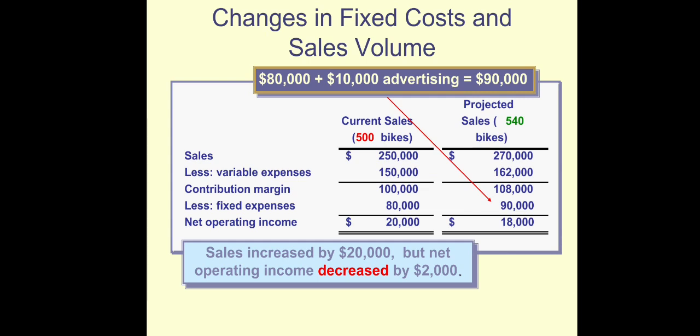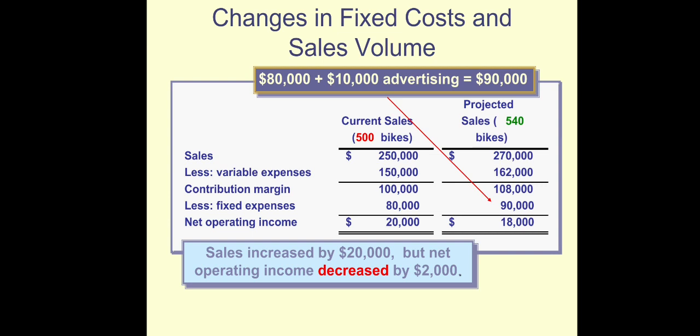If the sales is 540 bicycles, then $300 times 540, so the total variable cost is $162,000. And then you will see that the contribution margin is $108,000. We are now in column number 3. So the contribution margin is $108,000.